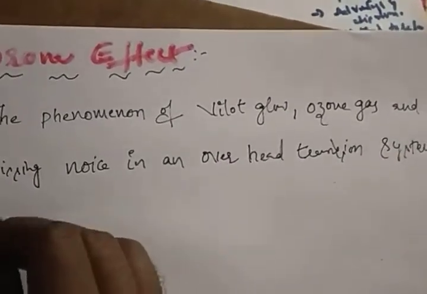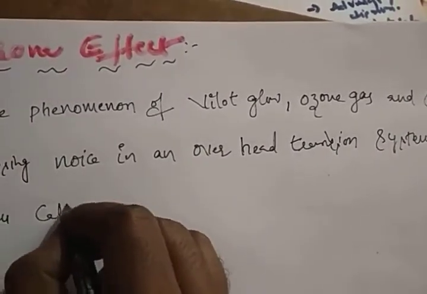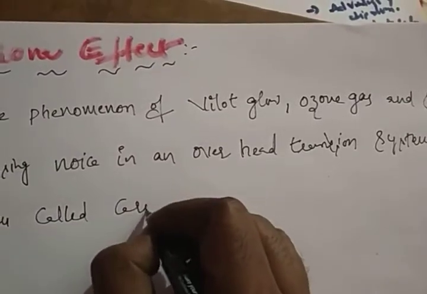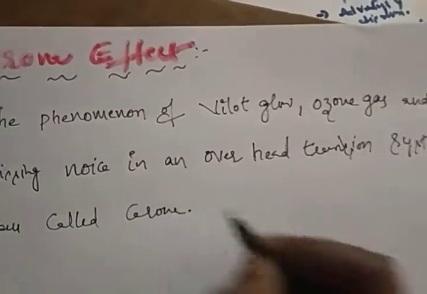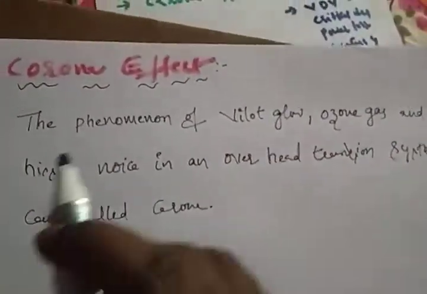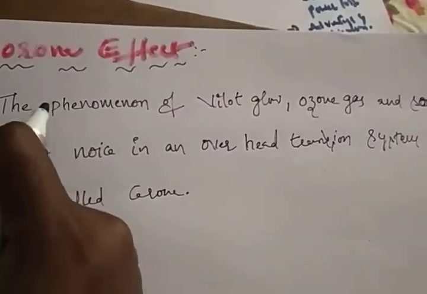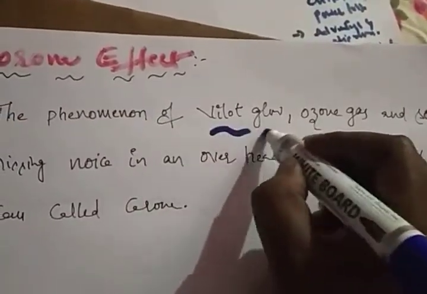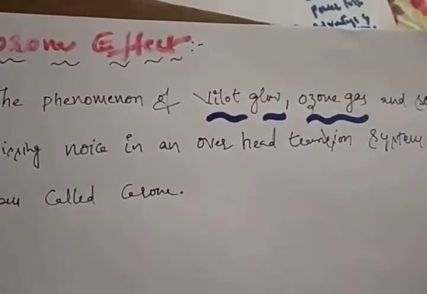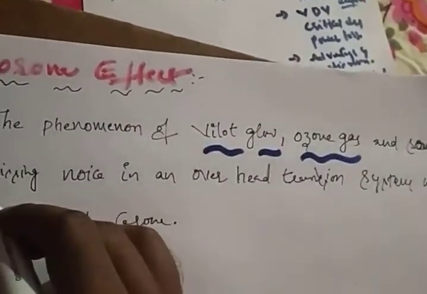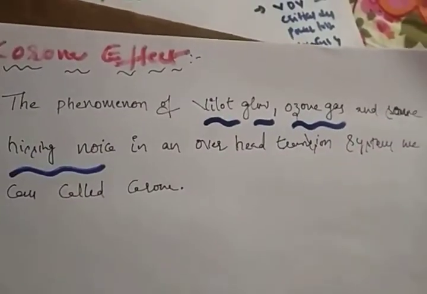So we can call it corona. What is a corona? Corona is the phenomenon of formation of violet glow, ozone gas, and some hissing noise developed in an overhead transmission system.